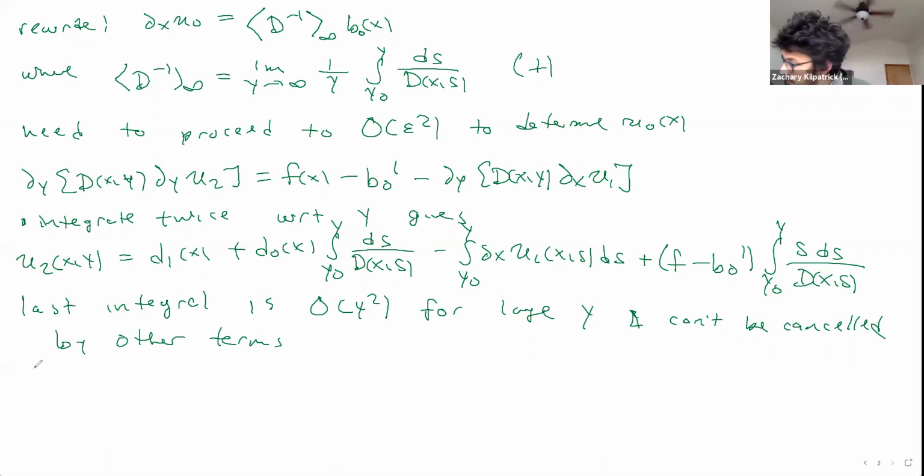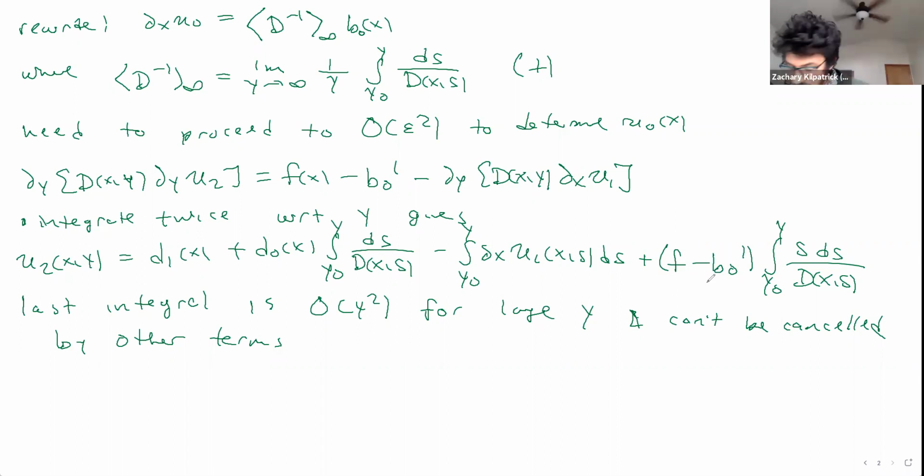Now, there's a simple way to deal with this term, and it's to have the thing out in front be 0 in order to eliminate it. This is like the secularity approach that we've done before. It's all about getting bounded solutions. So you need a bounded inhomogeneity here in order to make sure that it doesn't give you some unbounded solution.